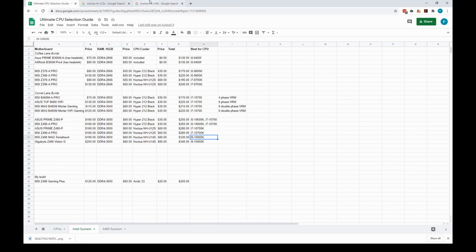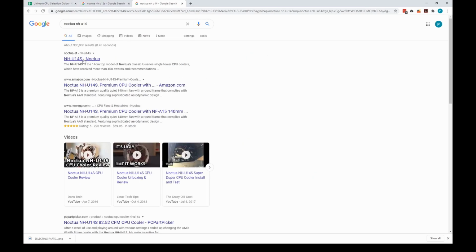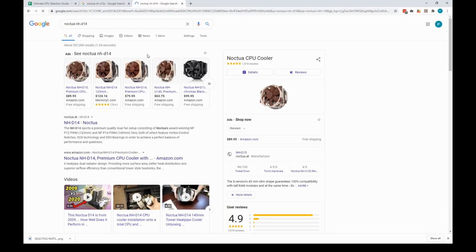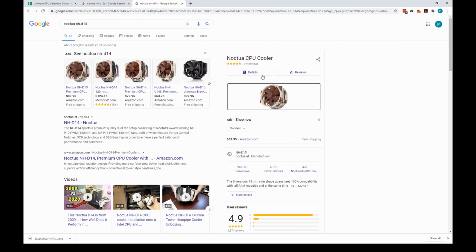You can also go with the non-S version of these coolers. They're pretty big, they have 2 fans and 2 sets of heatsinks. I mean, 1 2 3 4 5 6 heat pipes. These are just monsters.